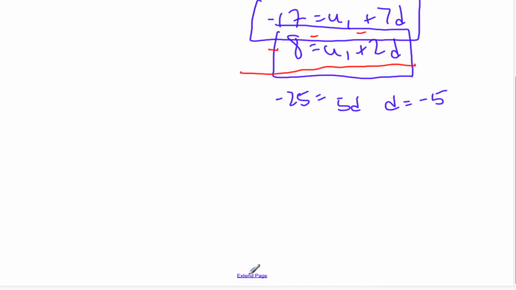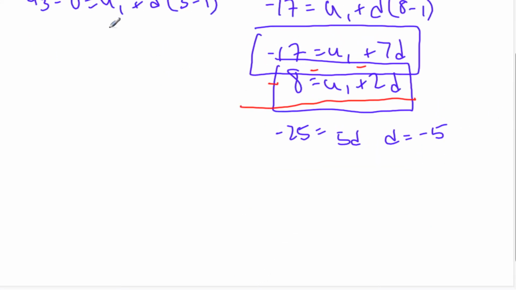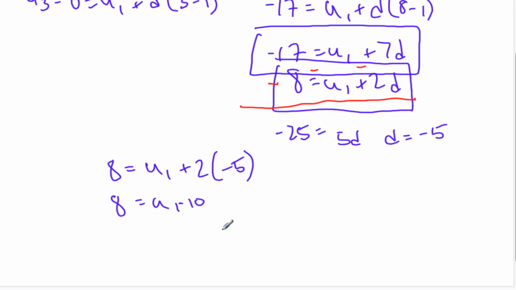With that, I have d is negative 5. If I want to find U1, I can plug it into either one of these two equations. Let's do the second one. 8 is equal to U1 plus 2 times negative 5. So 8 is equal to U1 minus 10. Add the 10, I get 18 is equal to U1.